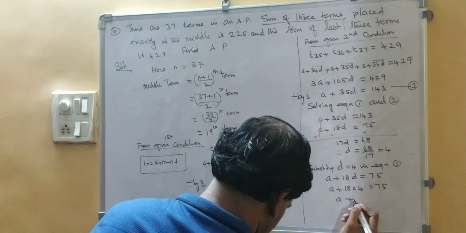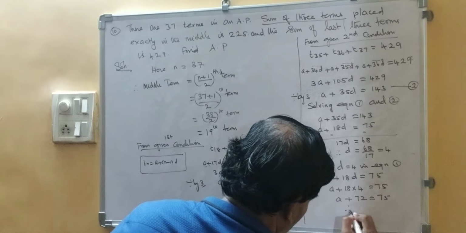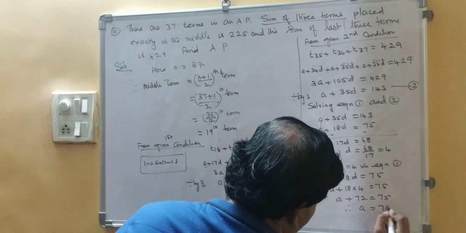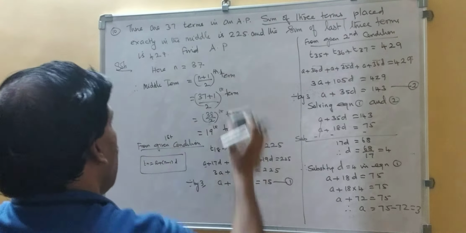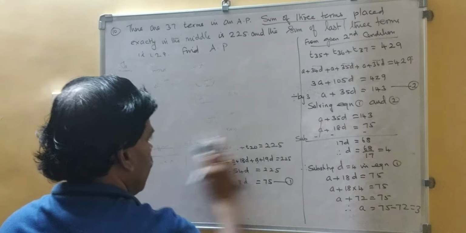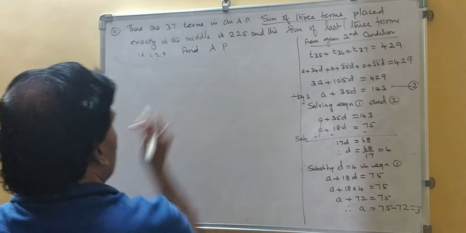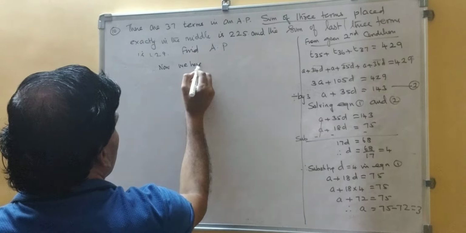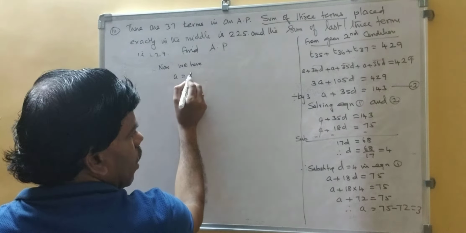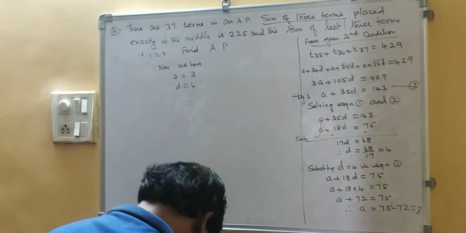So A plus 72 equal to 75. Therefore A equal to 75 minus 72 equal to 3. So now we have A equal to 3 and D equal to 4, right?